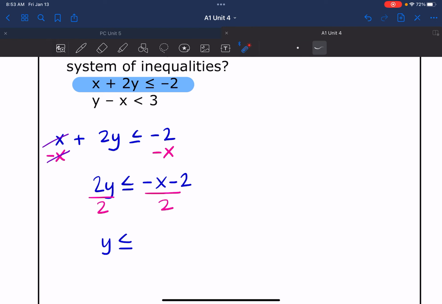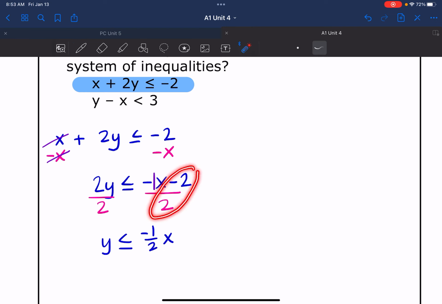Now we need to do each thing separately. So I have negative x divided by 2. You have to remember that anytime there's not a number, there's an invisible 1. So what we're really doing is negative 1 divided by 2, which is going to stay a fraction. It's just going to be negative 1 over 2, and then we're going to keep that x next to it.